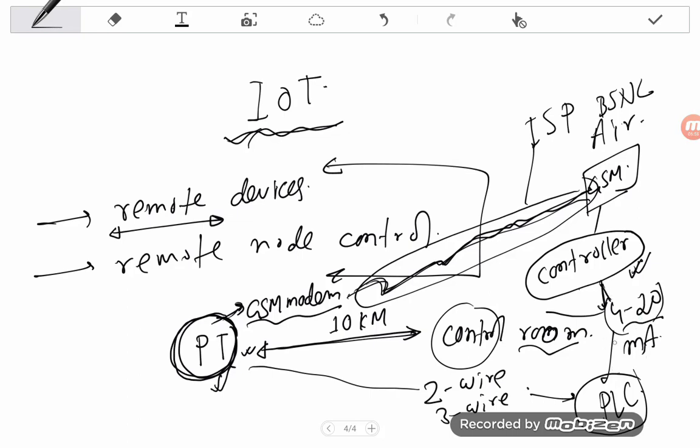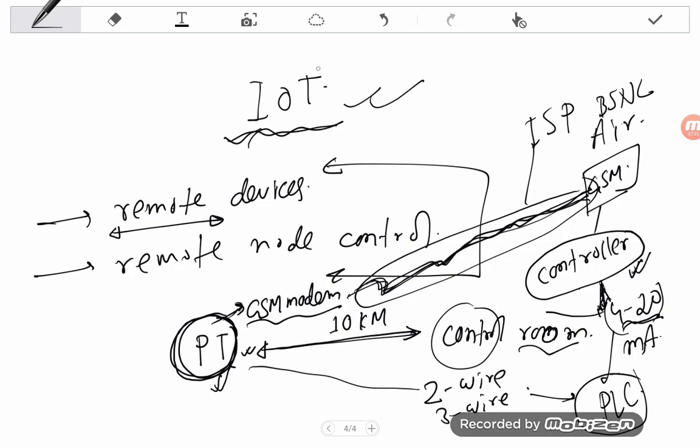It may be 3-wire or it may be 2 wires. Therefore, understanding this GSM communication and writing the program and circuit design so that the controller can generate 4 to 20 milliampere signals which can be connected to the PLC, these are part of the Internet of Things.